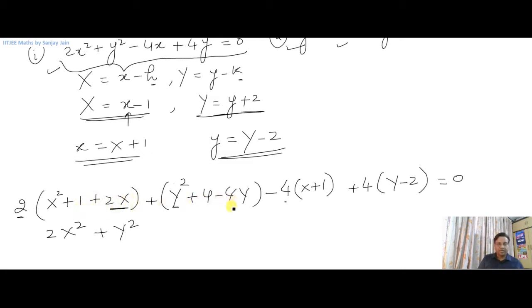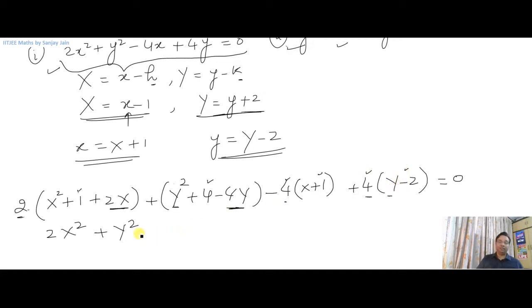What about Y? This is minus 4Y, and this is plus 4Y. So the terms containing capital Y will also get cancelled out. Now what about the constant? 2 into 1 is 2, plus 4, 6. Then minus 4, again 2, and this will be minus 8.